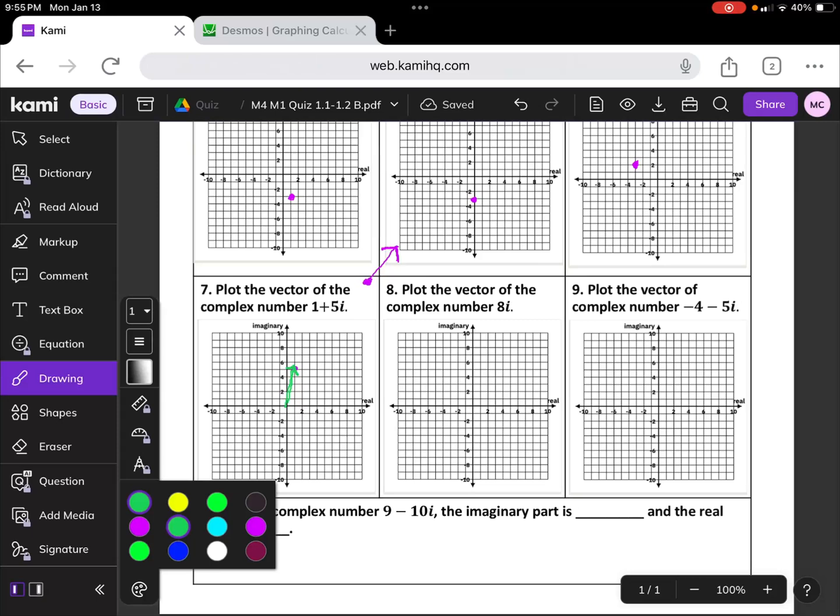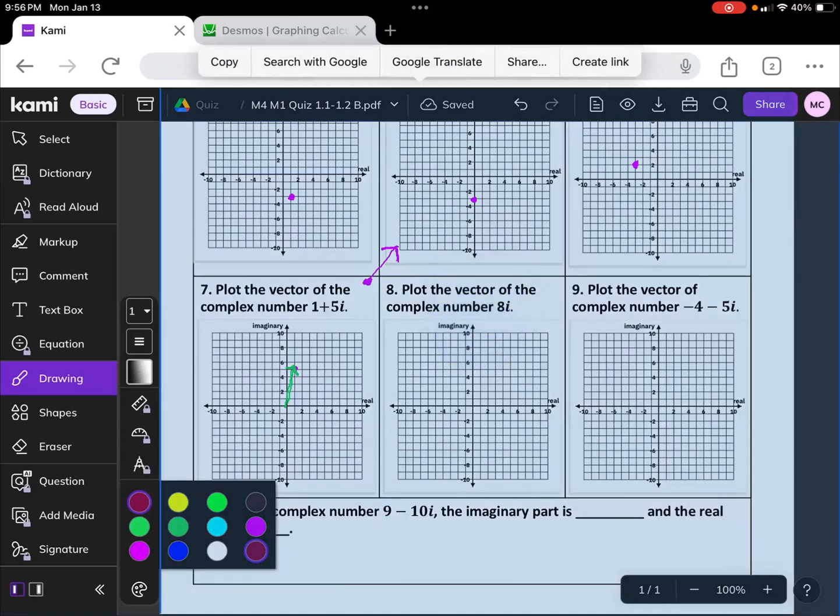Looking at number 8, it is at 8i. So at 8i, we're going to go up here, and it is going to be right on our point there.